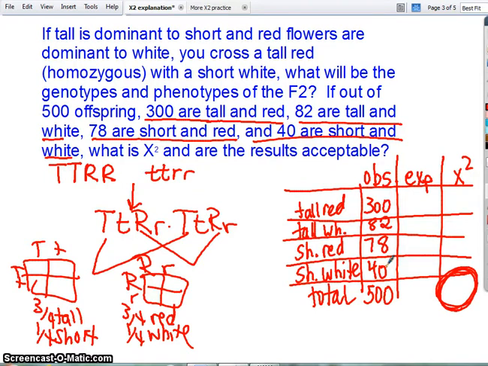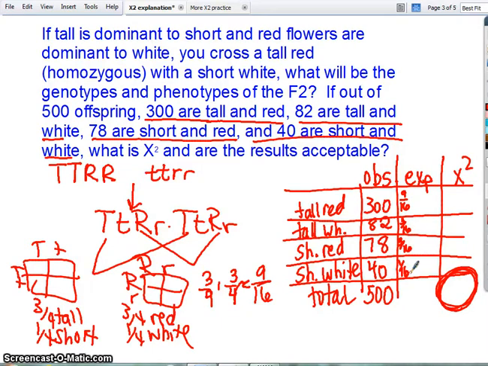To figure out our expected, you are going to calculate it. The chance of tall and red is 3/4 chance of tall times 3/4 chance of red, and we get 9/16. So we know we're going to need 9/16 here. If you work out the other three, it's going to be 3/16, 3/16, and 1/16.